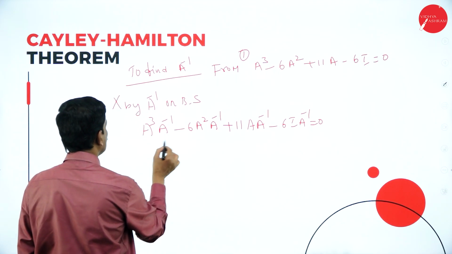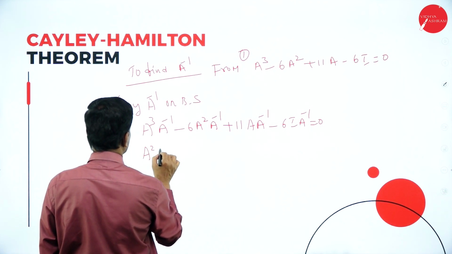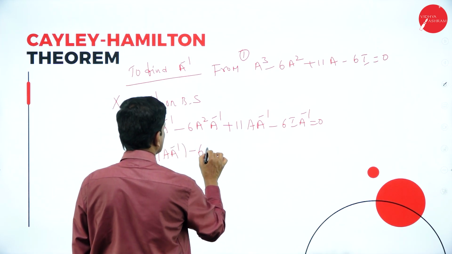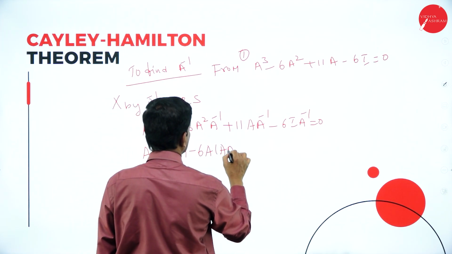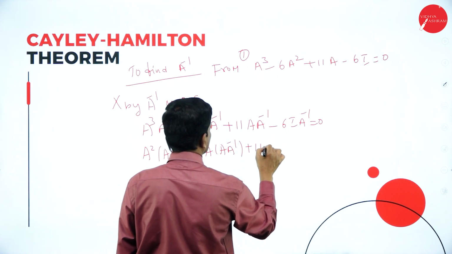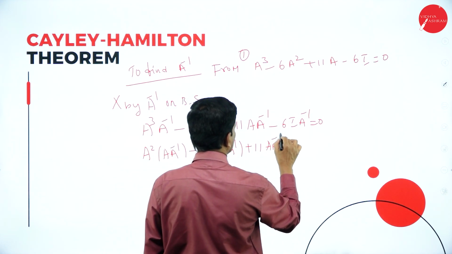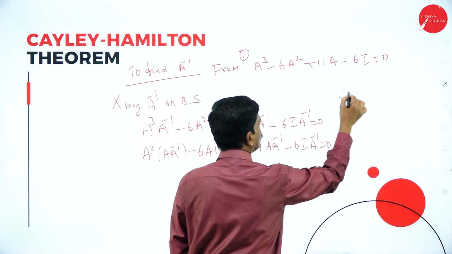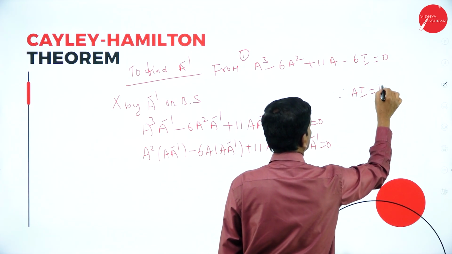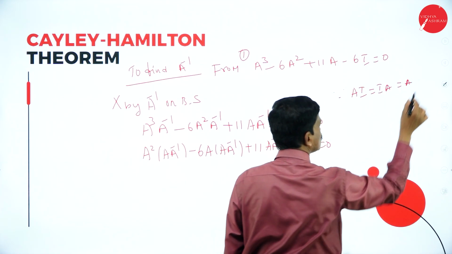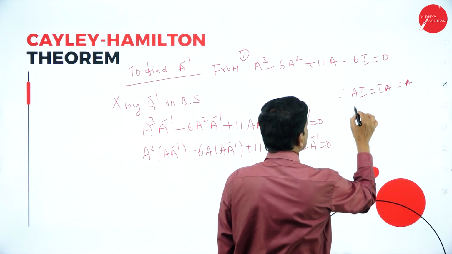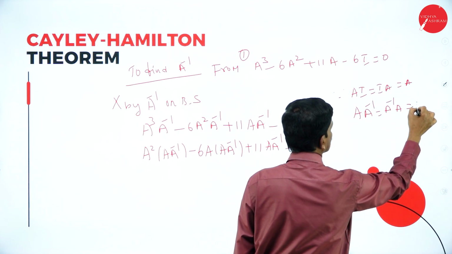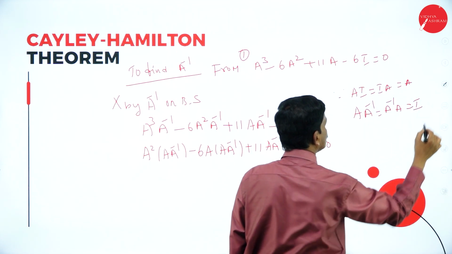Now that can be written as A square into A inverse minus 6A into A inverse plus 11 times A inverse minus 6I A inverse is equal to 0. You know this A matrix into identity matrix is equal to same matrix, or A matrix into inverse, or inverse into A matrix, is equal to an identity matrix.